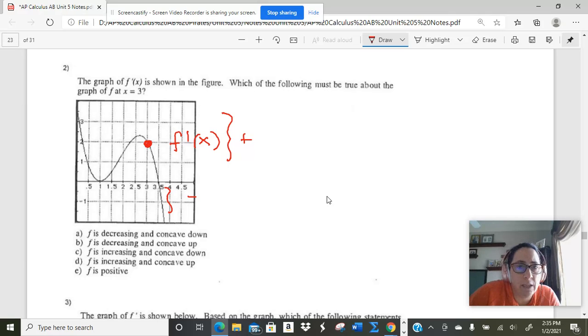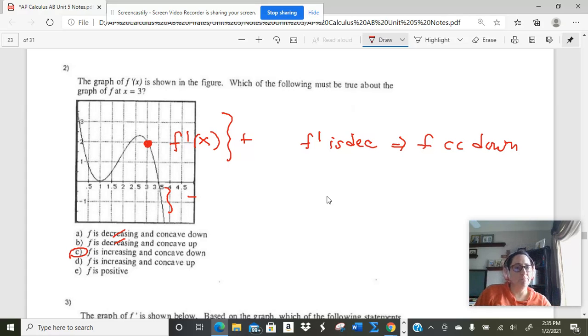So f of x has to be increasing because f prime was positive, so I can get rid of all of the decreasing. And f prime is decreasing there, which tells me that f is concave down there, so I would pick C.